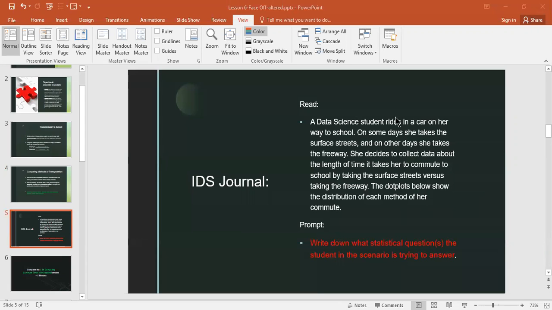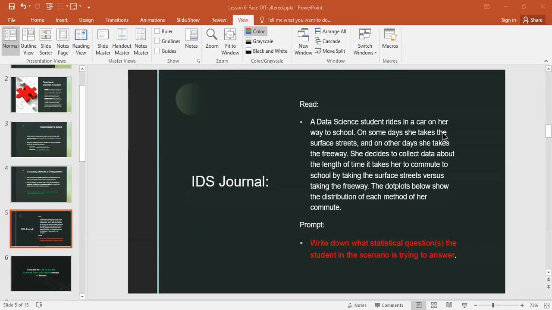So that brings us to our first journal entry, ladies and gentlemen. Our first journal entry is a scenario. It says a data science student rides in a car on her way to school. On some days, she takes the surface streets, and on other days, she takes the freeway. She decides to collect data about the length of time it takes her to commute to school by taking the surface streets versus taking the freeway.